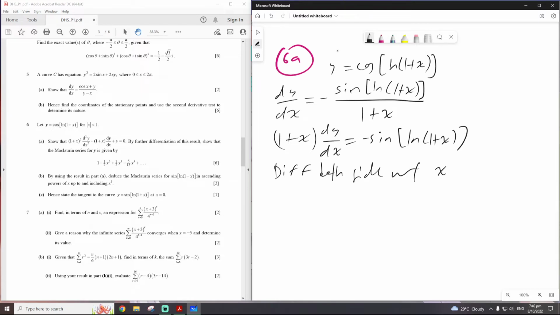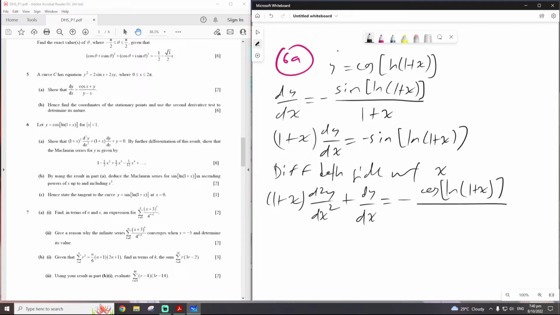The left hand side is (1 + x) d²y/dx² plus dy/dx itself, which is now going to be negative cos(ln(1 + x)) divided by 1 + x, right?